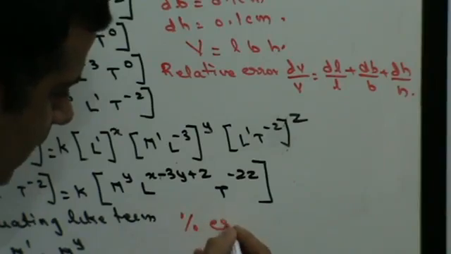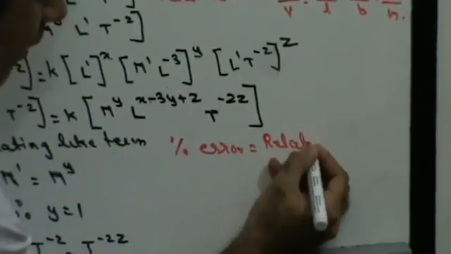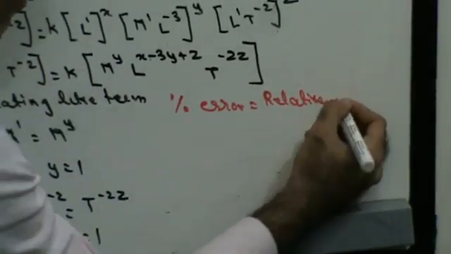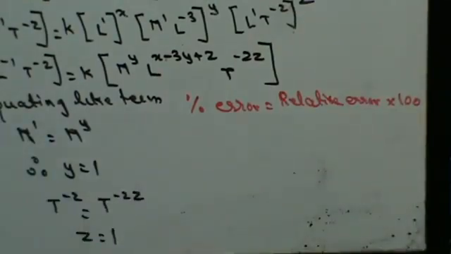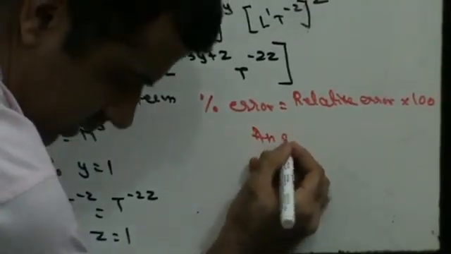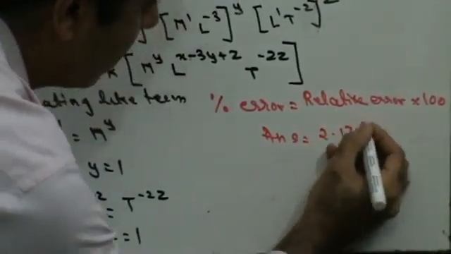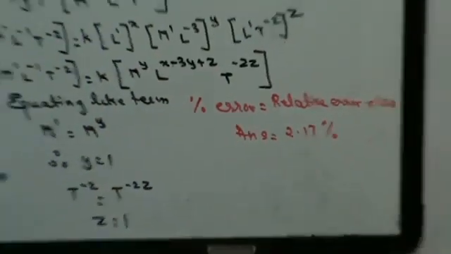I can say percentage error is relative error into 100. Whatever answer that you get, multiply that by 100, you will get your percentage error, and you should get this answer as 2.17%. Right? We'll stop this here for the day. Thank you very much.